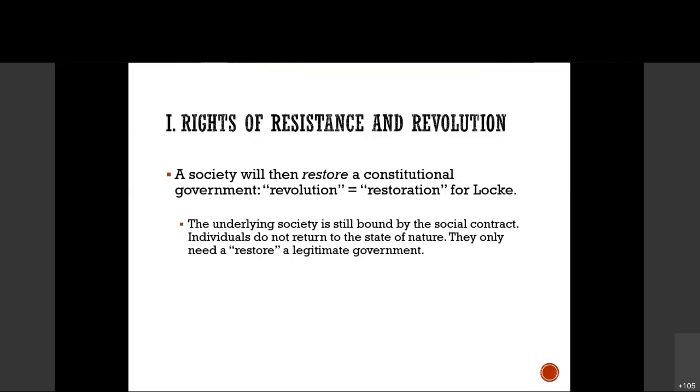The other way of putting this is the individuals don't return to the state of nature. They don't go all the way back to the state of nature. They are still bound to one another. So this contract is supposed to be a permanent arrangement. All these individuals need to do is restore a legitimate government.